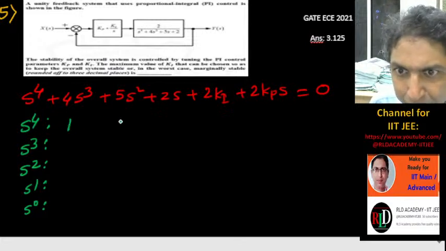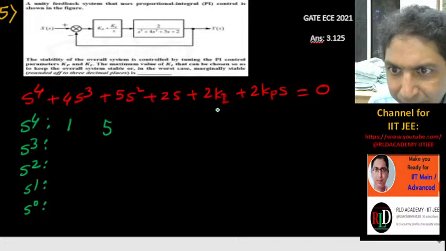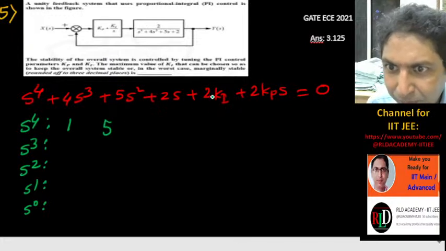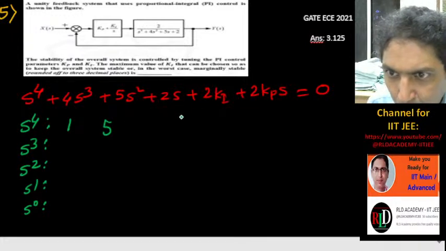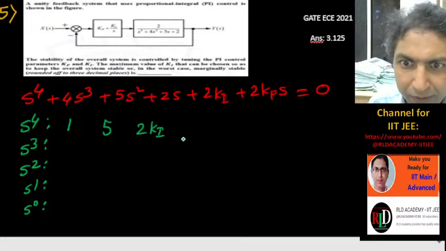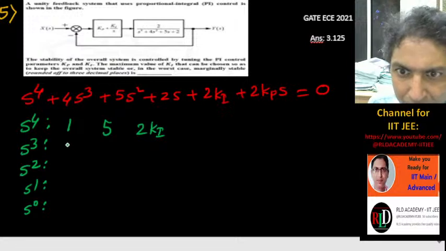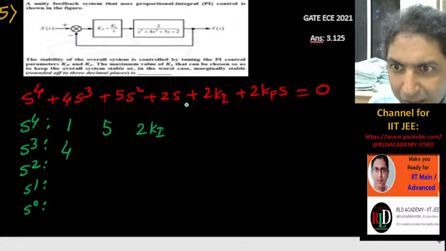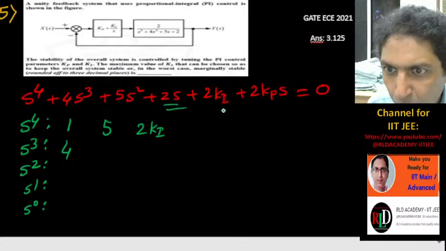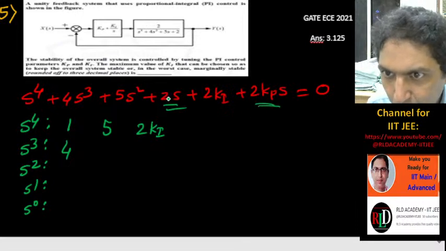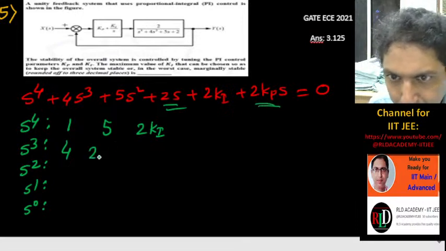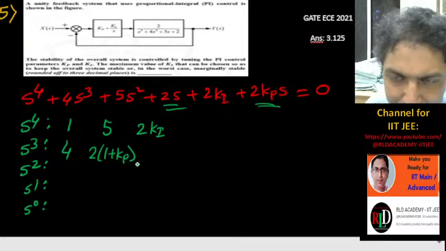This is 1, this one is 5, and the constant term is 2Ki, right? And s cube, this is 4, and the s term, remember 2 plus 2Kp, or I can write 2 into (1 plus Kp). I think it is fine.